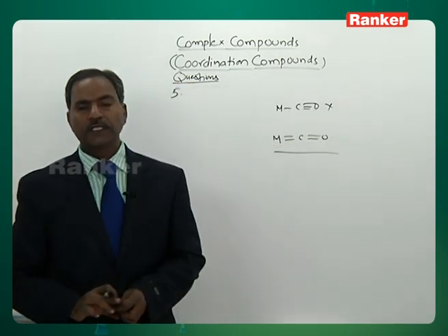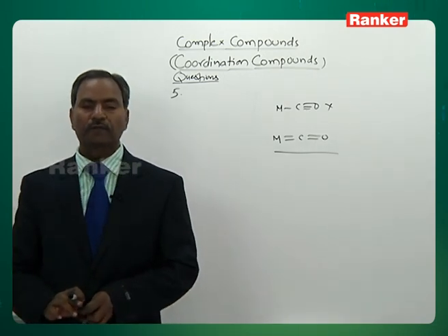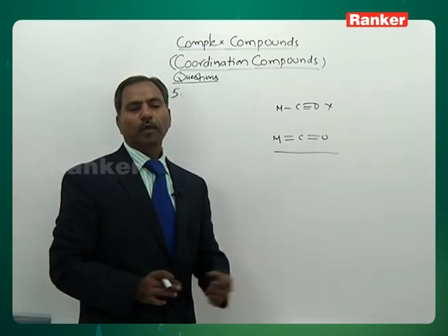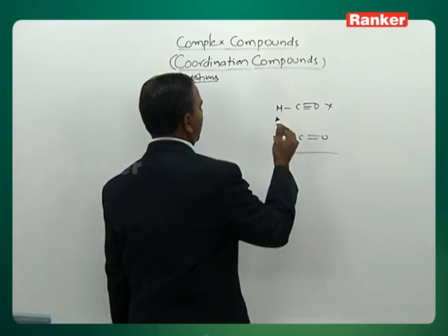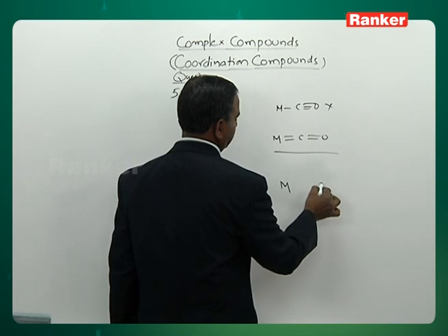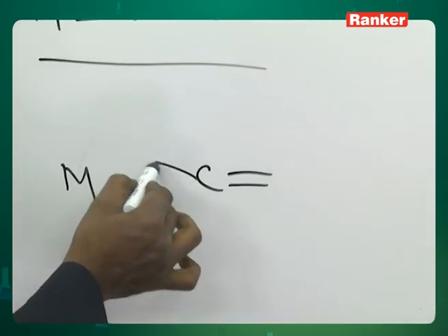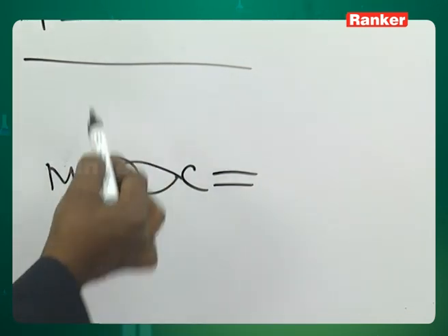Coming to B, the C–O bond length is longer than the normal C–O bond length. That is also correct. Coming to the metal to carbon pi bond, it is a dπ–pπ bond. Actually, this particular bonding is like this. It is donating a pair of electrons during the formation of a sigma bond.